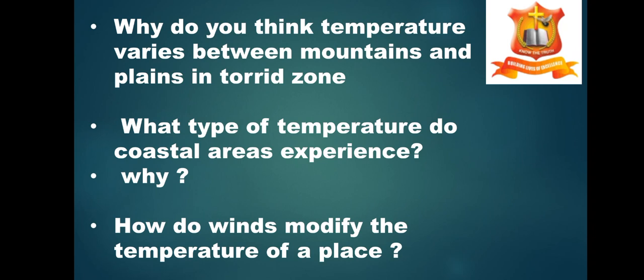How do winds modify the temperature of a place? As you know, the wind that blows from the hot desert raises the temperature of the place, whereas the wind coming from cooler places like mountains or poles brings down the temperature of the place. I hope you understood it.